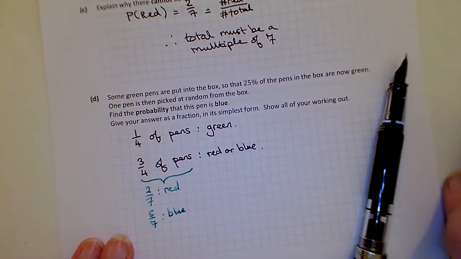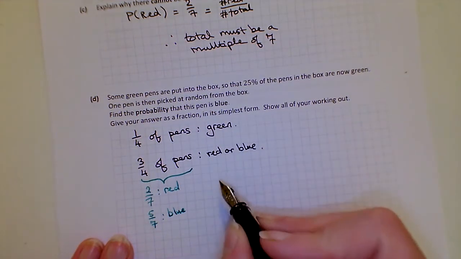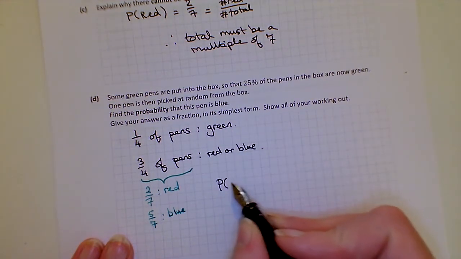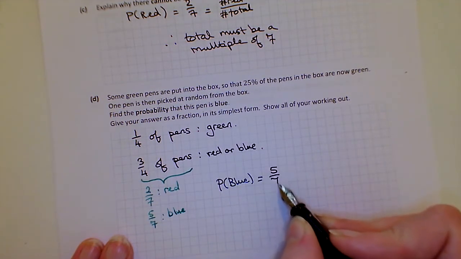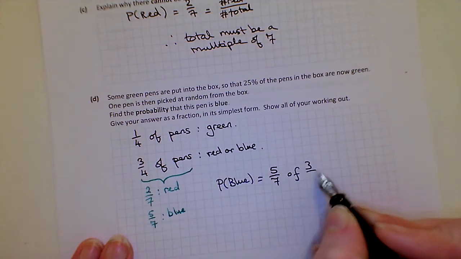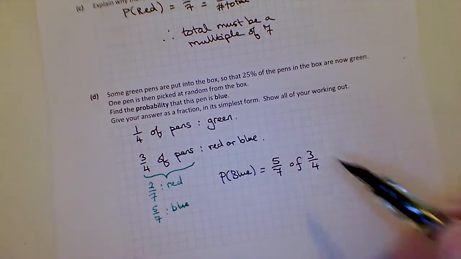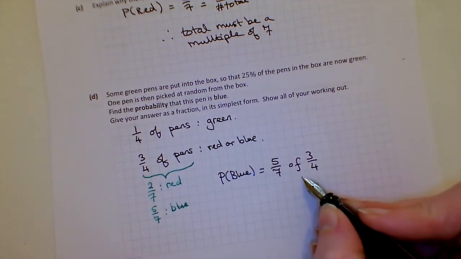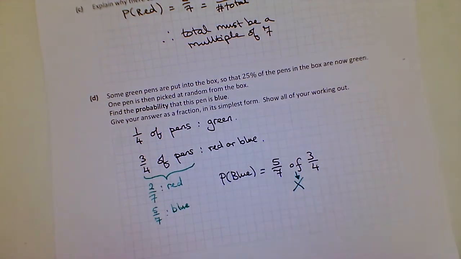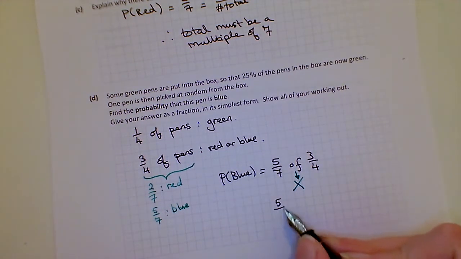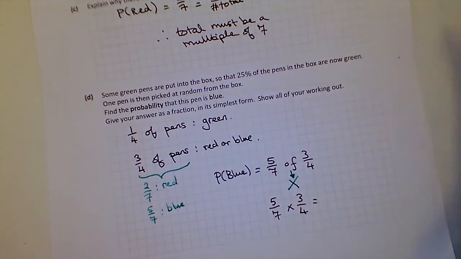So we have to do some work with fractions to work with this. So the probability of having a blue pen is going to be 5/7 of the 3/4. Now, hopefully you guys all remember from primary school or first year that of means multiply. So all we need to do is multiply those fractions. You can do it the long way manually, or you can just use your calculator to do it.